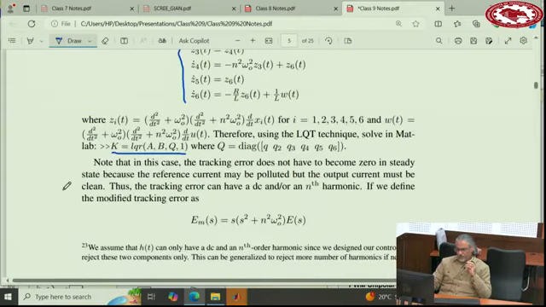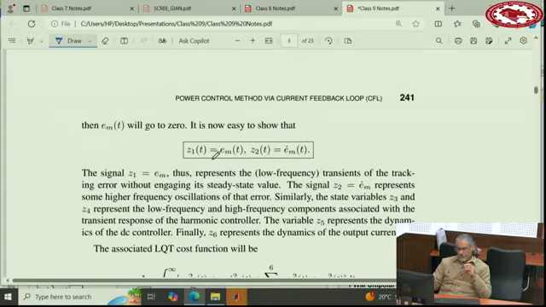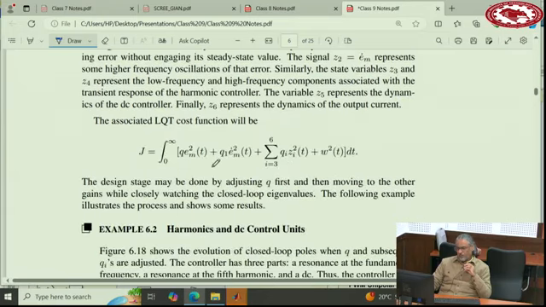But anyway, the idea is to define a modified error and then prove that this modified error and the derivative of this modified error will be in the cost function. So in the cost function, we will have Z1 be this modified error and the derivative of this modified error. I don't remember all the details now, to be honest. And then we have a summation of all the others, like 3 to 6. They are coming from here, and then the transformed version of the modulation index.